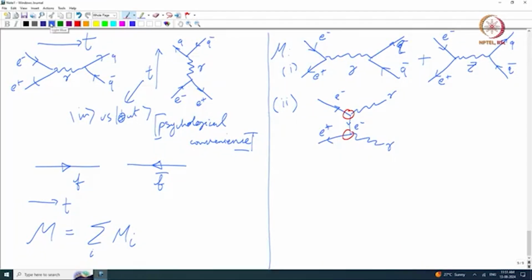This is a bit hard to answer, but here is what one can do, okay. What I can do is, once again I can exchange an electron in this channel, but in the final state I am going to swap the 2 photons.